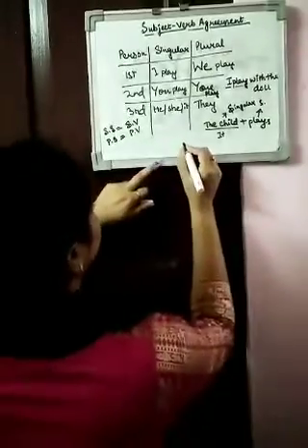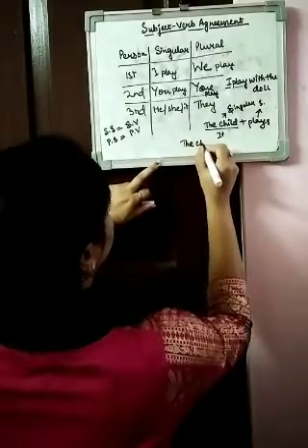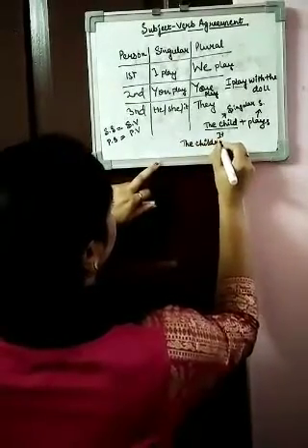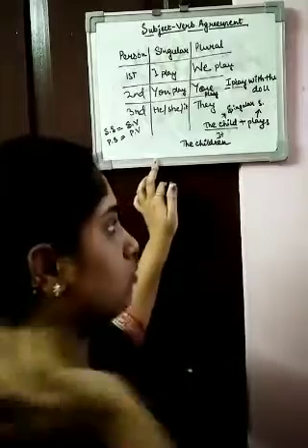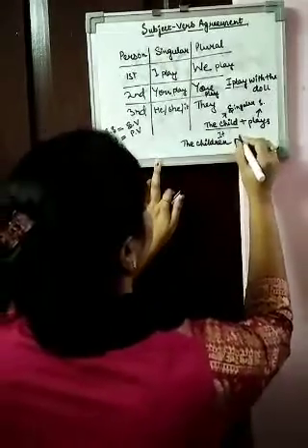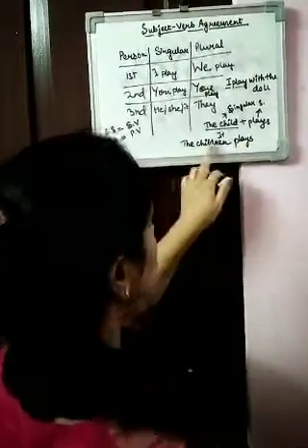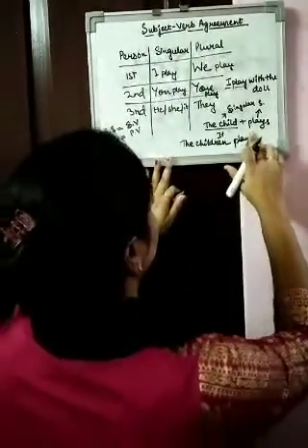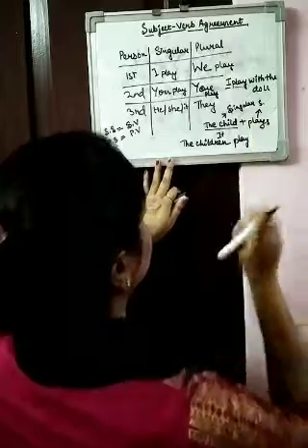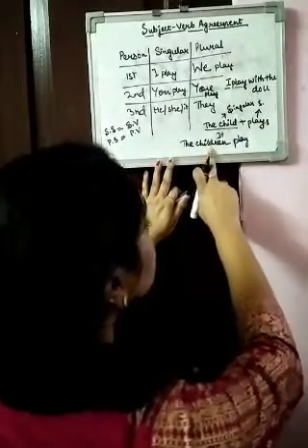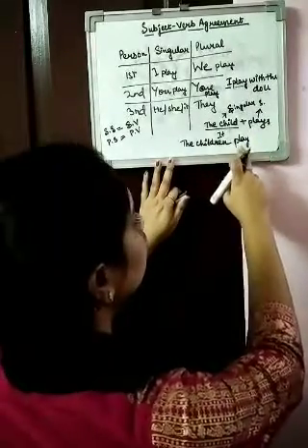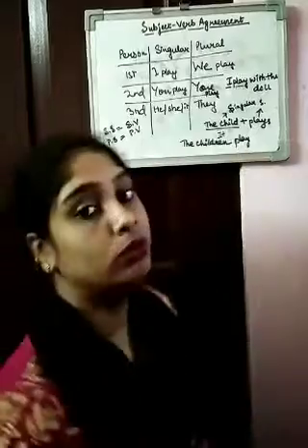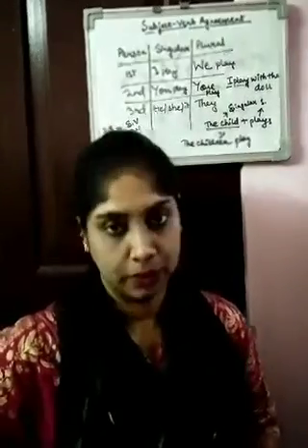So let's write it here. The children, then what should it become? Will we write plays? Shall we repeat the same thing? No, then this is wrong. We will remove the S from here. As the subject is plural, we will write the plural verb.